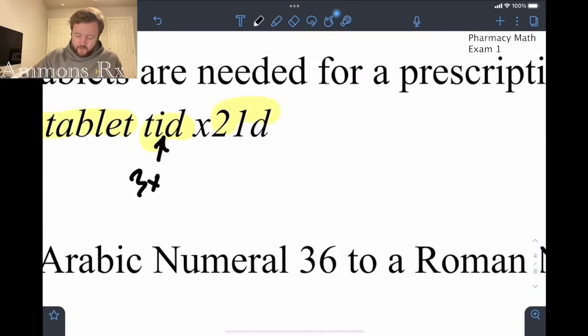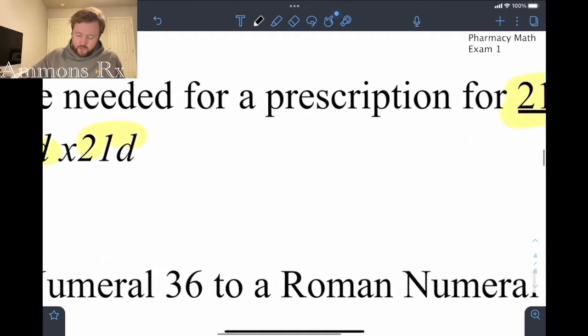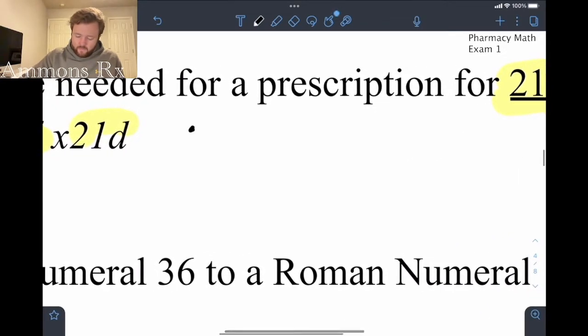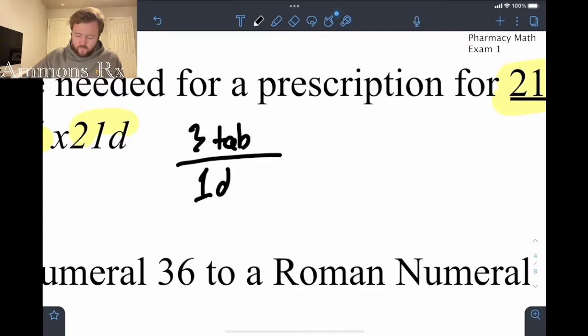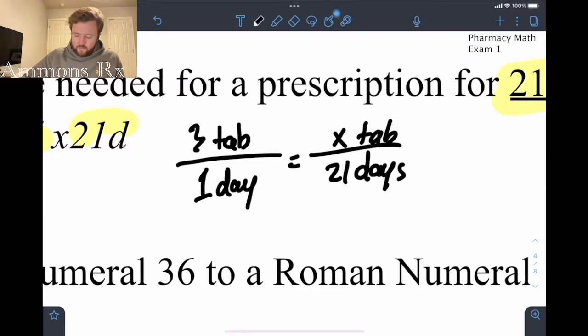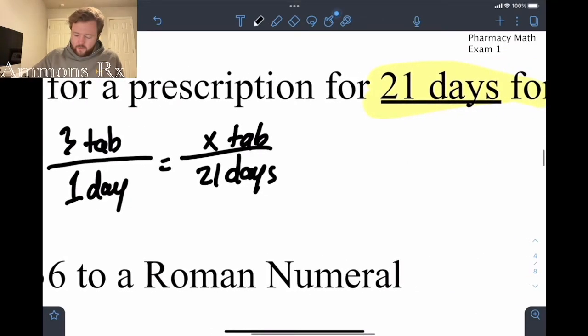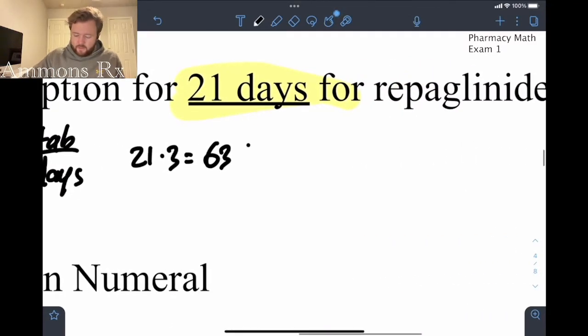That's 3 times, so she takes 3 a day, for how many days? 21 days. Okay, so it turns into 21 times 3, 63 tabs.